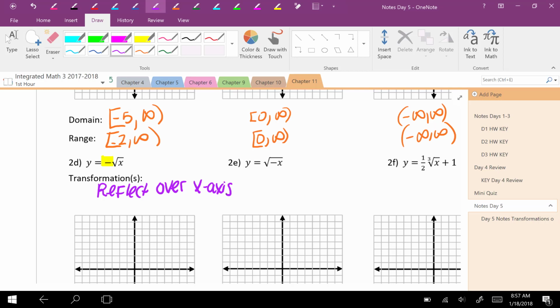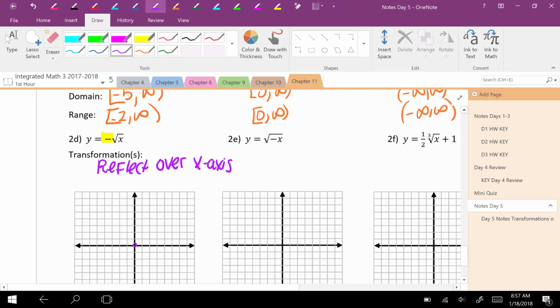Did we move left, right, up, or down anything? No, so we're still going to be at 0, 0. Now, is that negative going to affect my right values or my up values, my x values or my y values? What'd you say? Y, very good.